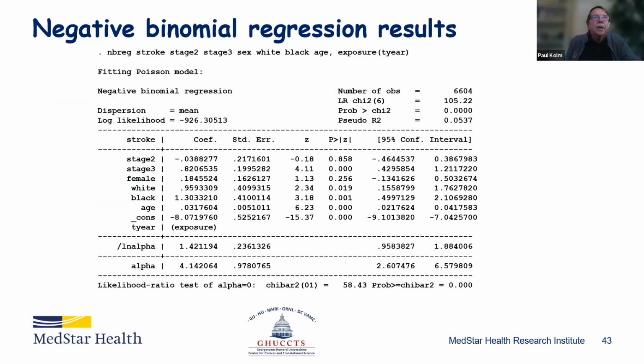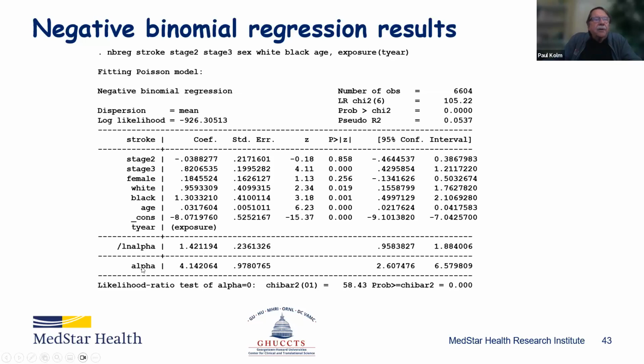And so here are our results. You can see that they are kind of similar to the other results in terms of what's significant and what's not. But at the bottom here, we have the log of alpha.